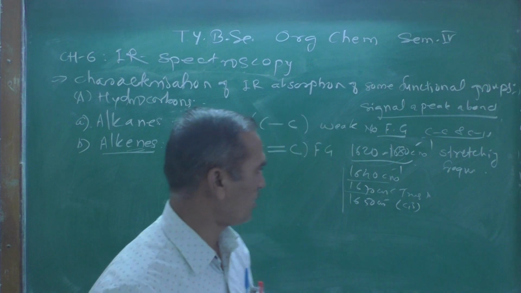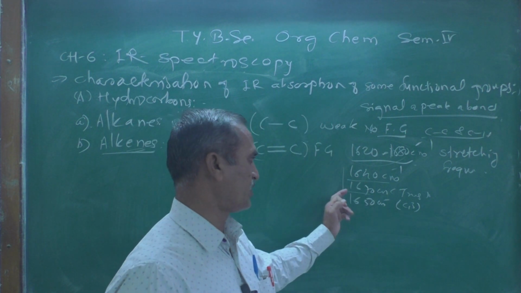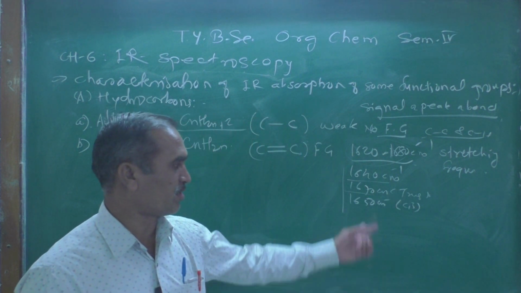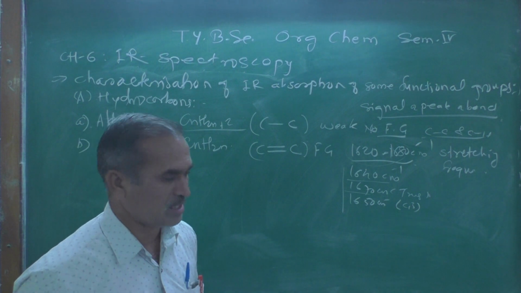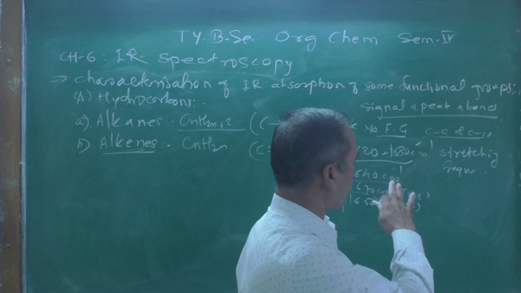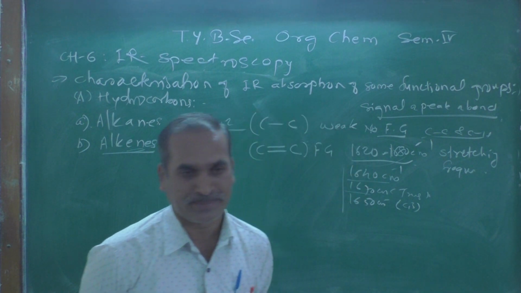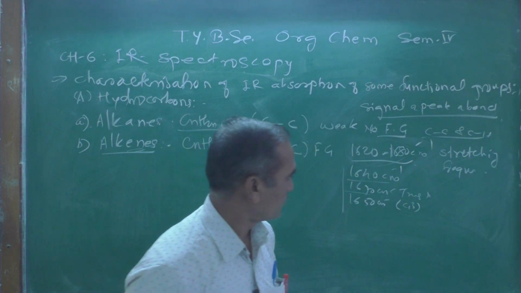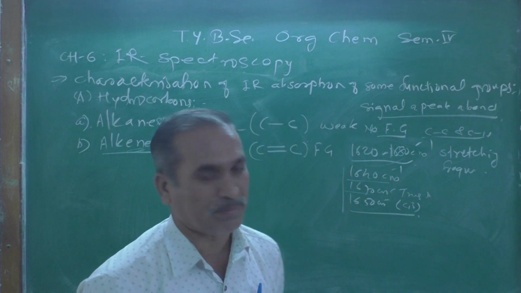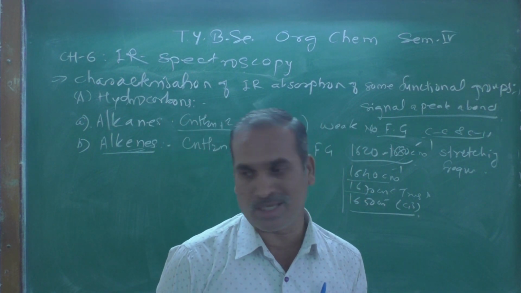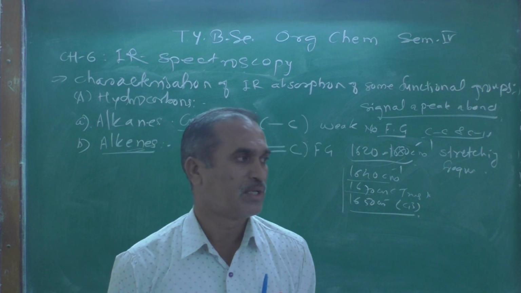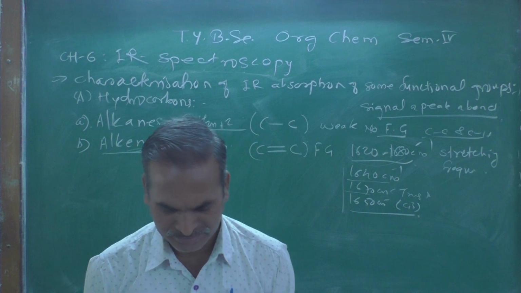For trans isomers, the peak appears around 1617 per centimeter. For the cis olefin, it appears around 1650 per centimeter, which clearly suggests the presence of a cis olefin in the organic compound.